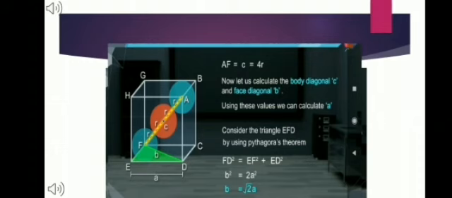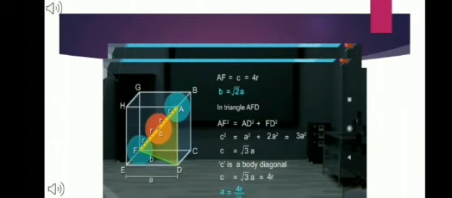Now let us see triangle AFD. Here AF square equals AD square plus FD square. Now C square, that is AF, is C. Now C square equals A square plus 2A square. That will be equal to 3A square. Now C equals square root of 3A.